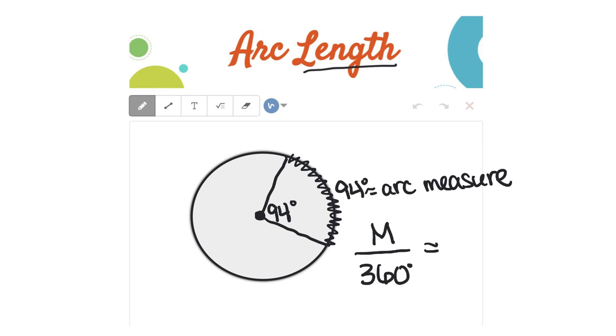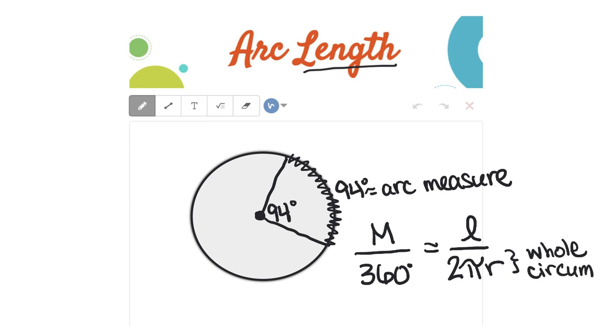Whatever that ratio is, it should be the same for the length over the whole circumference. So we're basically converting from measuring in degrees to measuring in whatever the circumference is measured in. So the arc portion out of the whole circumference is the same as the angle out of the whole 360.